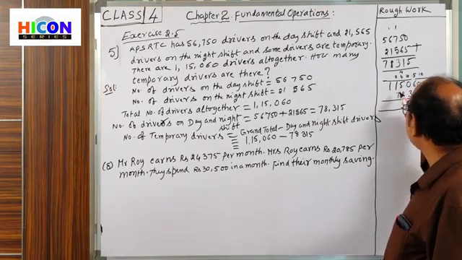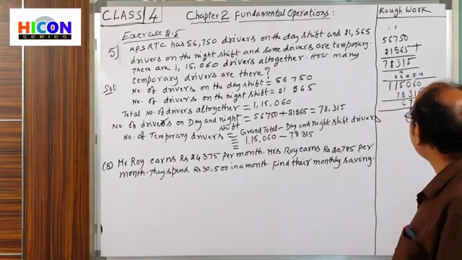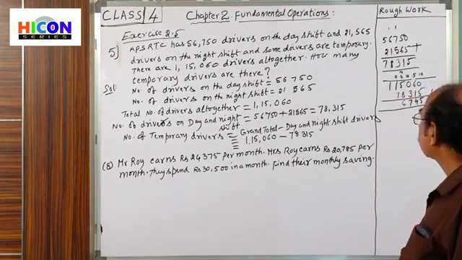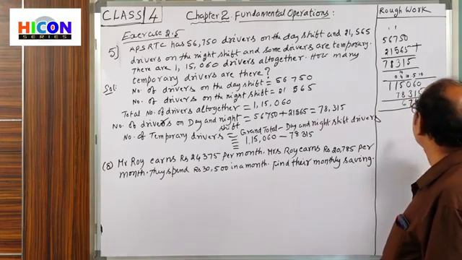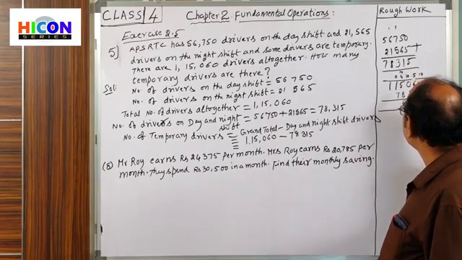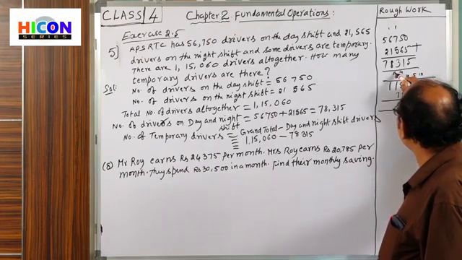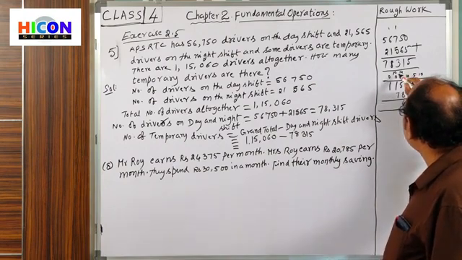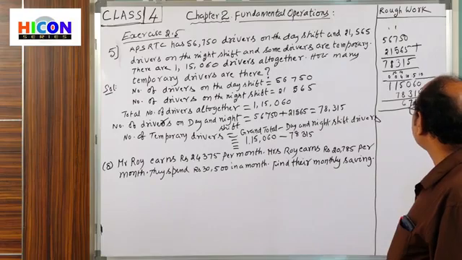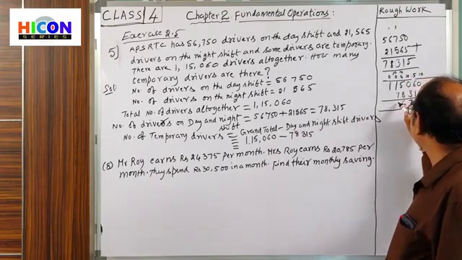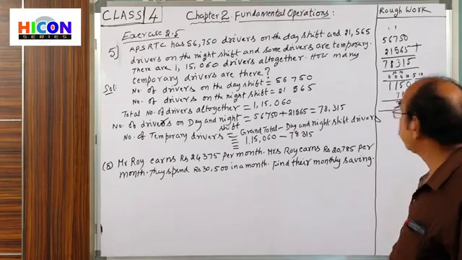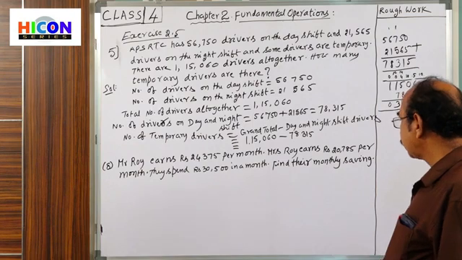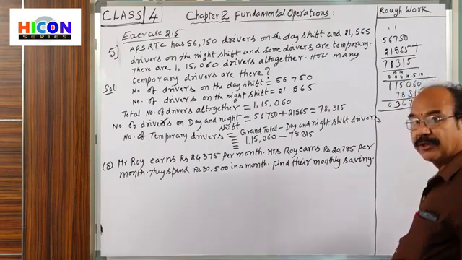Here, can you subtract 7 from 0? No, we cannot subtract. That's why ask borrow. 0 becomes 10 and here 1 becomes 0. 10 minus 7 is equal to 3. Here 0. Okay. So 36,745.